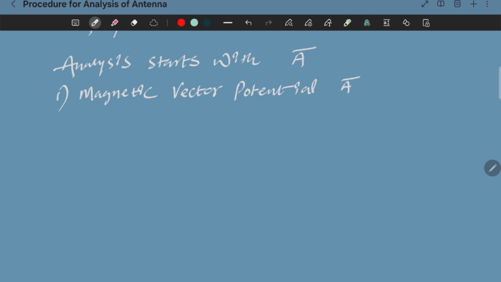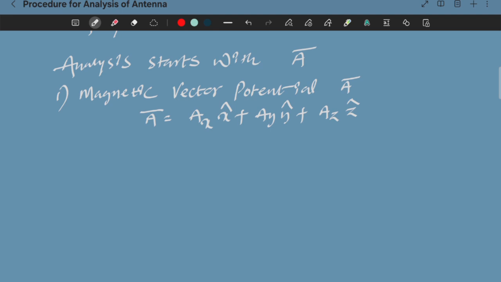For example, this A bar is there in Cartesian. That means three components Ax, Ay, Az can be available. But generally the analysis of the antenna will be done in the spherical coordinate system because antenna is a directional device.